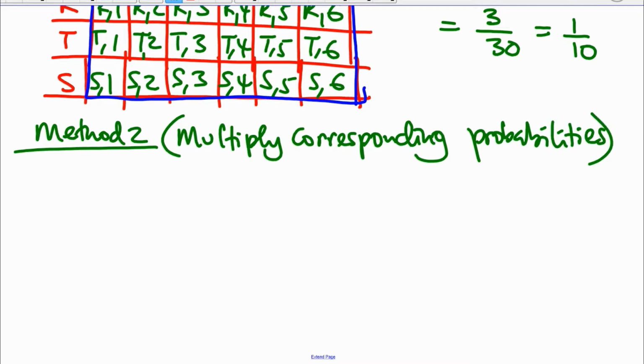Okay, and that's how method 2 works. And this works only for independent events.